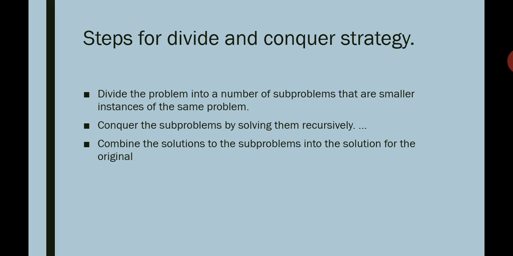There are mainly three steps for the divide and conquer strategy. The first one is divide the problem into a number of subproblems. The second one is conquer the subproblems by solving them recursively. The third one is combine the solutions to the subproblems into a solution for the original one.